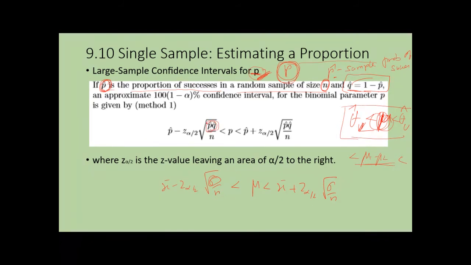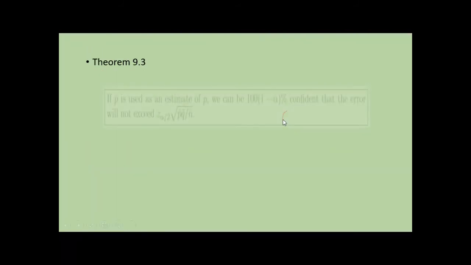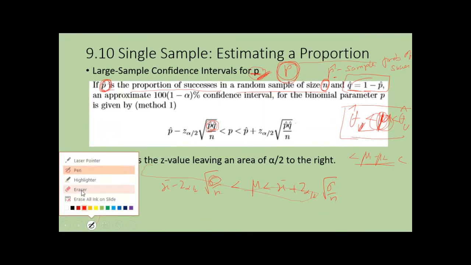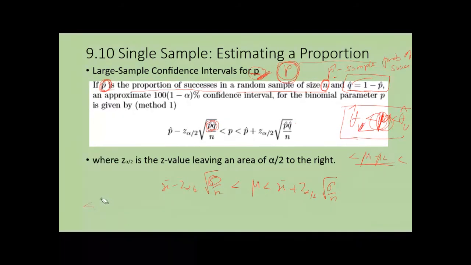So the multiplication of P cap and Q cap will occupy the space of sigma. Sigma will be replaced by P cap and Q cap in the formula. So you understand now.